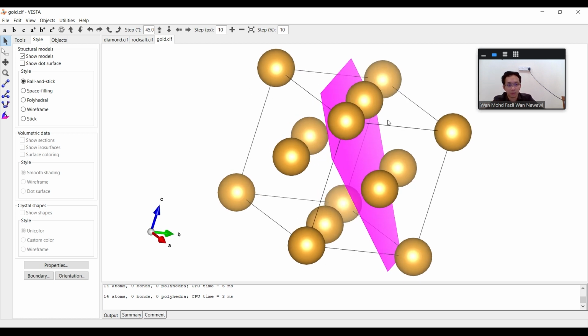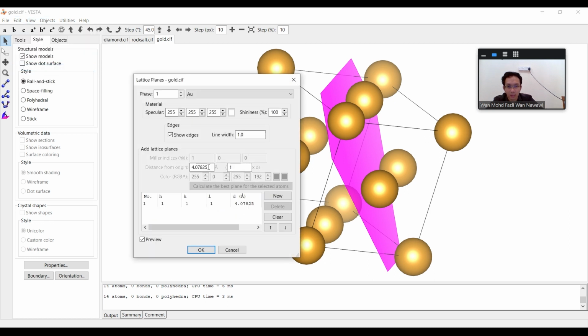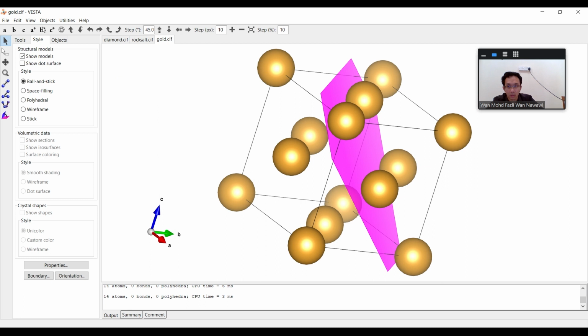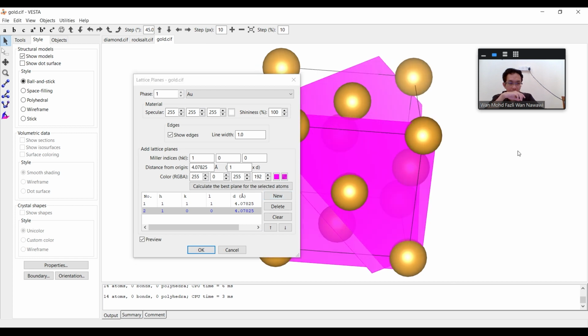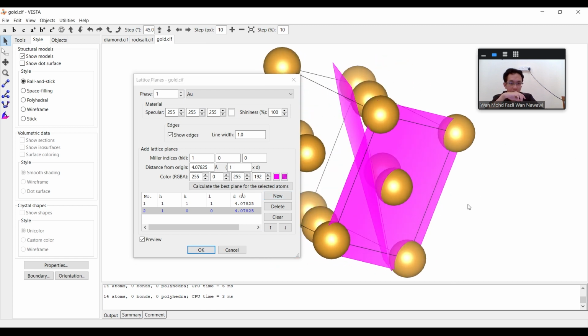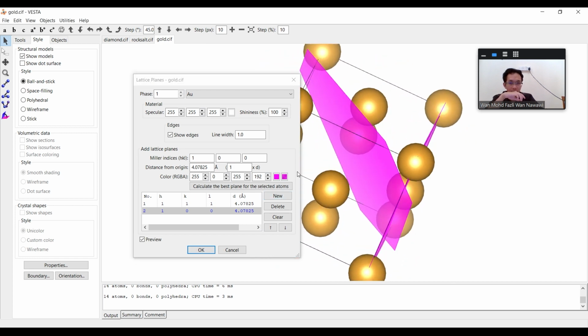So I think I can just put like this: object, edit, that is plane, and then let's say this is distance 1. Okay, edit, that is plane, new, this is 100, so that is 100.